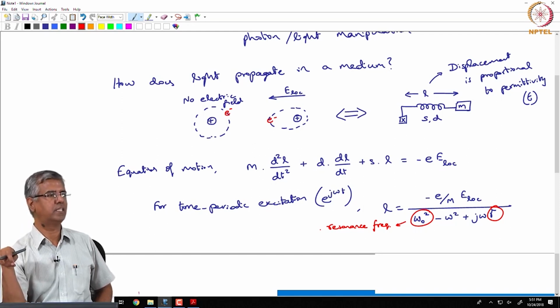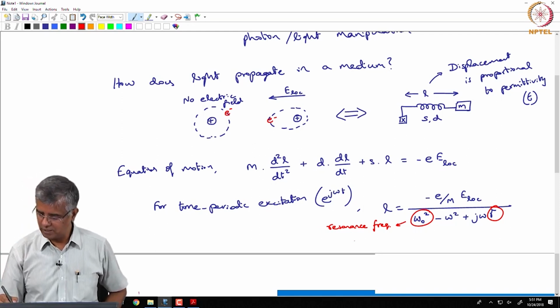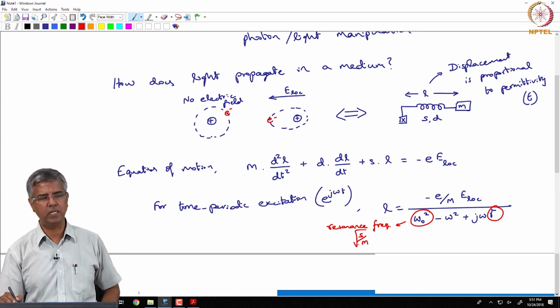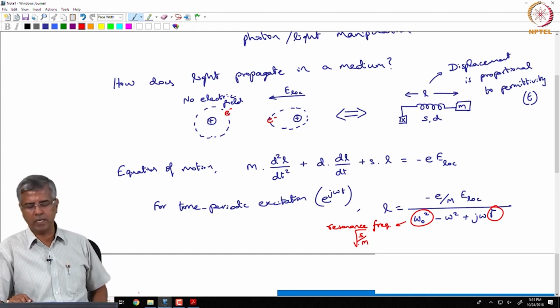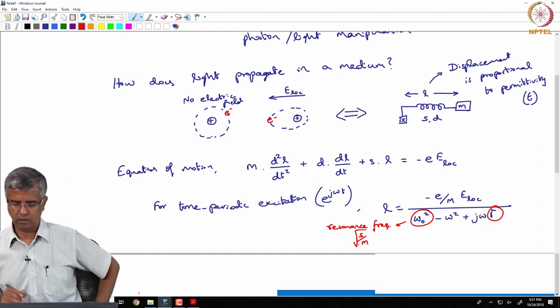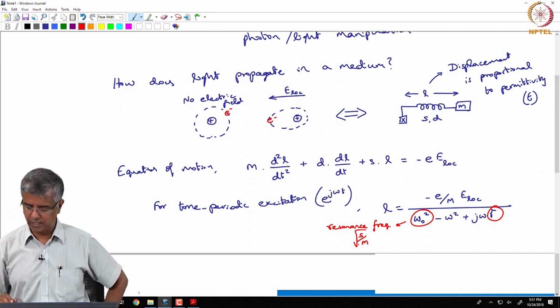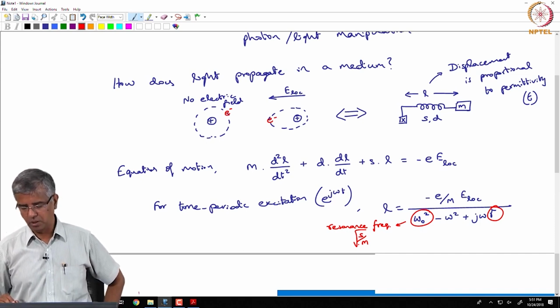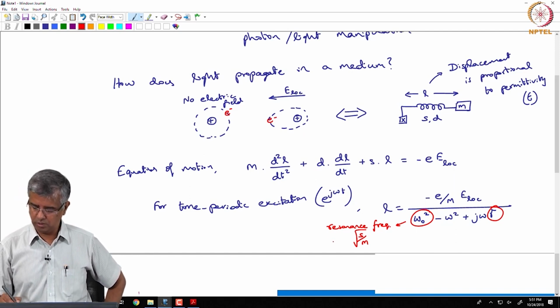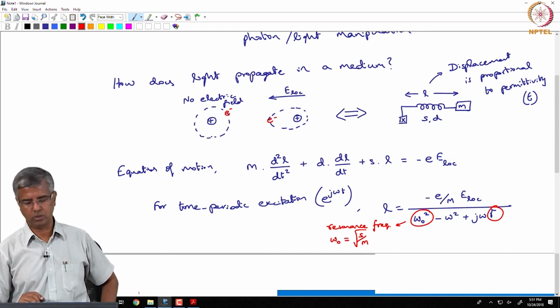That is your resonance frequency, and it is given by root of S, the spring constant, divided by m, the mass of the particle that we are talking about. In this case, the mass of an electron, right. So, omega 0 is given by root of S over m.